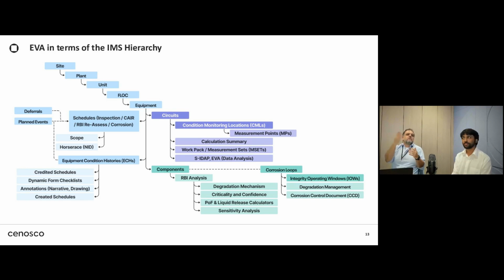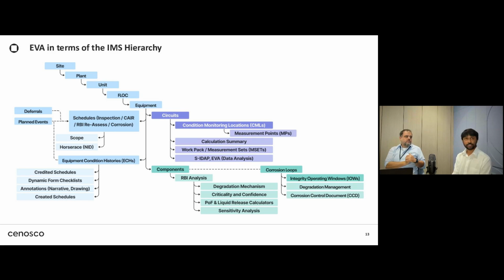Then you run the cycle through an equipment condition history, receive the data back, and you're ready to calculate again. So it's a whole loop. I just wanted to show that it fits into the overall integrity management approach. It's one of the tools, one of the calculations that we can use to manage the bundles.